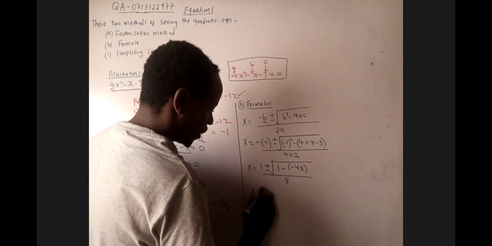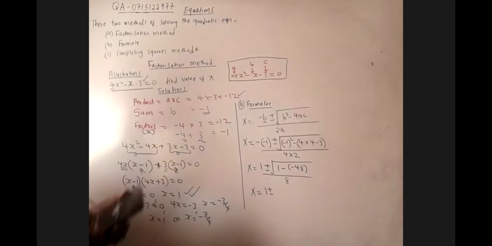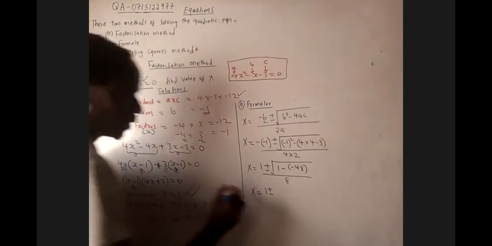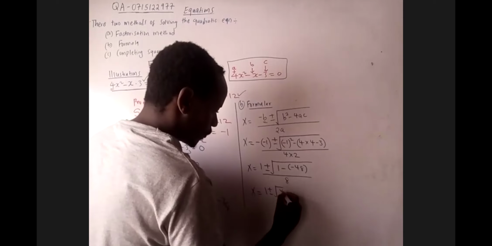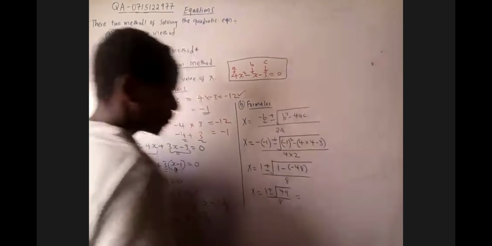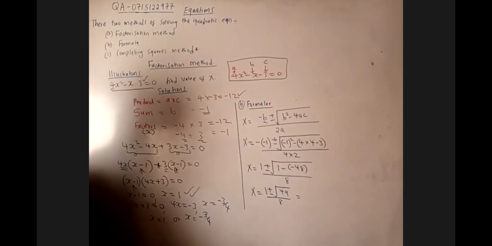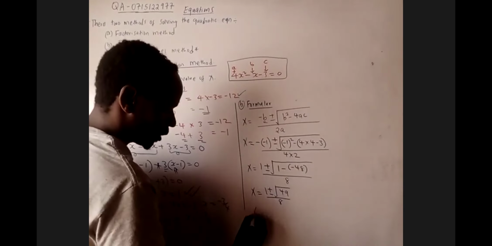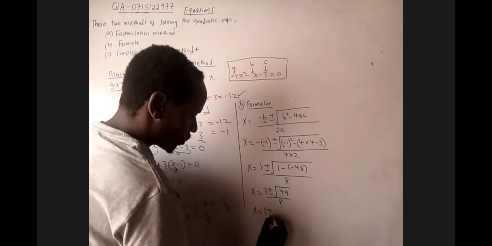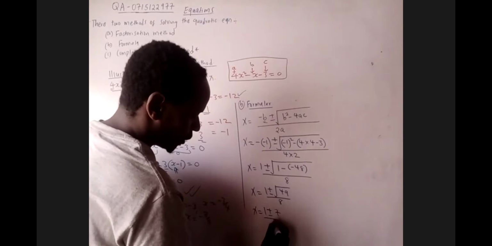So 1 minus 48 is equal to 49. The square root of 49 over 8. So x is equal to 1 plus or minus 7 over 8.